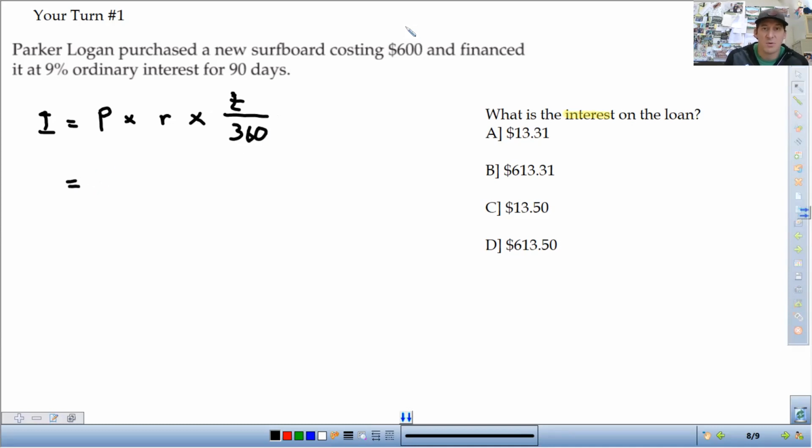So the principal, 600. 9% interest is 0.09, and then the time, 90 over 360. So let's switch over to our calculator to work that out.